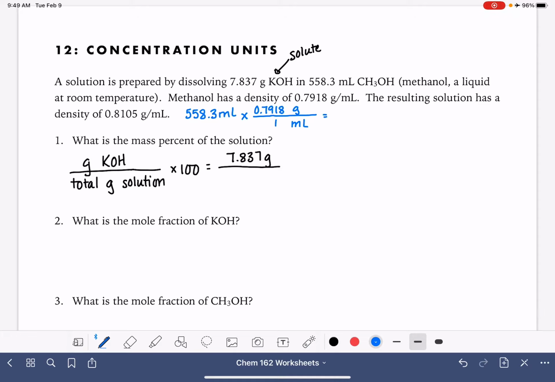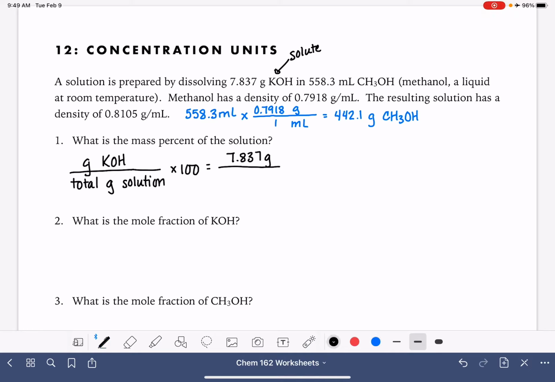This is going to give us the mass of the CH3OH, 558.3 times 0.7918, a mass of 442.1, we'll say, grams of CH3OH.